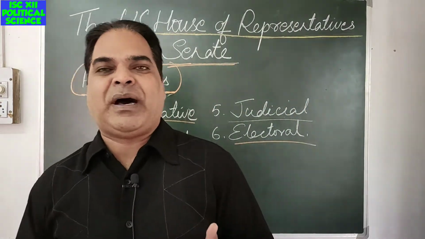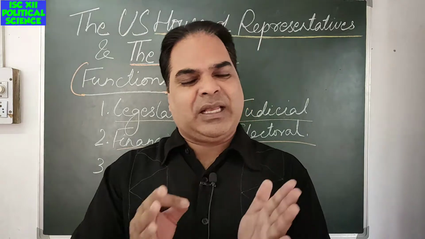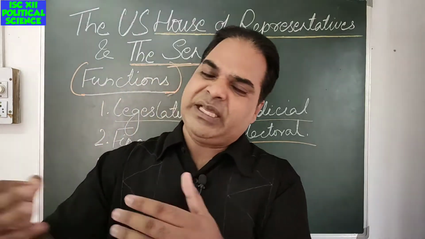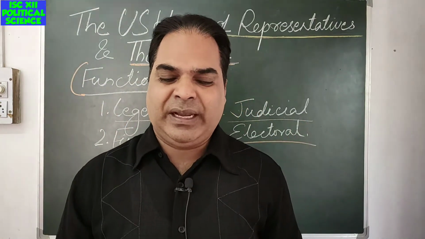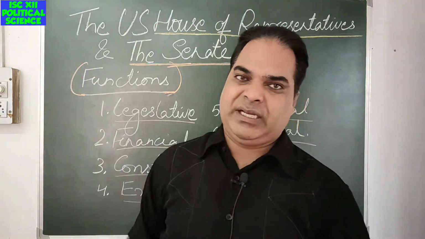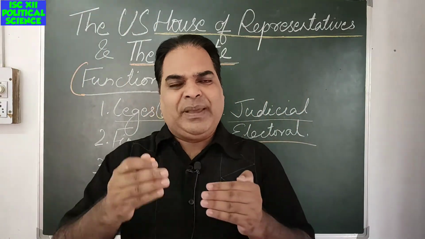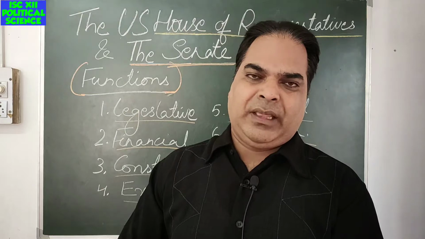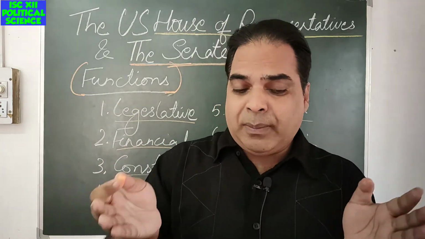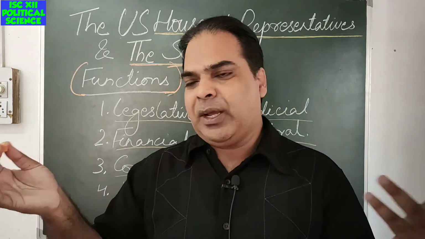After being passed by the originating house, like the House of Representatives, the bill is sent to the Senate. The Senate also passes the bill. Once it is cleared by both houses, the bill is sent to the President, and if the President assents to the bill, it becomes an act.